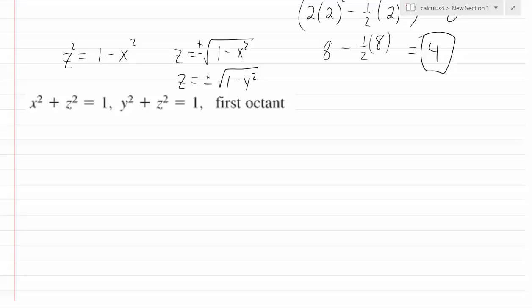Can you tell from those two equations that y is equal to x? Most definitely. Since these two equations are both forms of z, then y equals x.